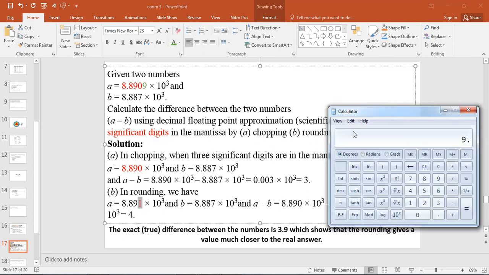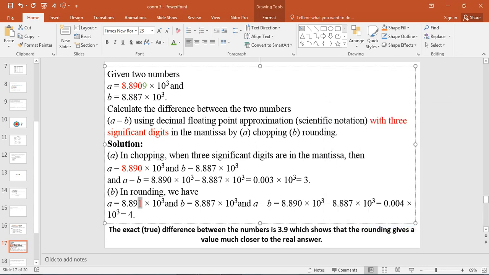It's 8.891 minus 8.887. What do I have? I have 0.004. When I multiply with 10 to the power 3, I have 4, isn't it?